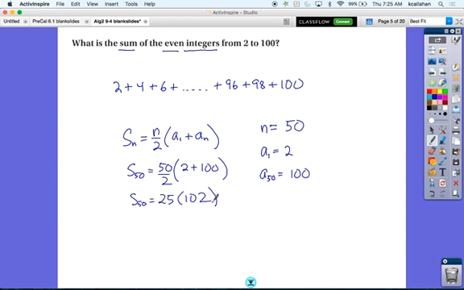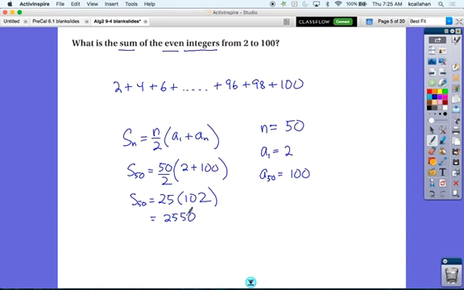That's something you can put in your calculator. If I did 25 times 100, I would get 2,500. Then I would have another 2 times 25, so 2,550. You can do that with your calculator if you want to verify that. 2,550.